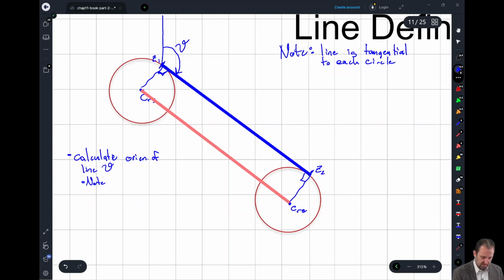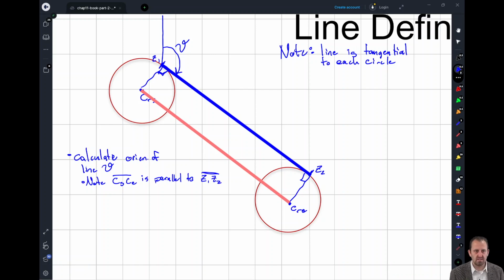So the line between the center start and the center end is parallel to the line that goes from Z1 to Z2. The reason I'm using Z1 and Z2 is that you'll see soon that it matches our notation for when we define the switching conditions.